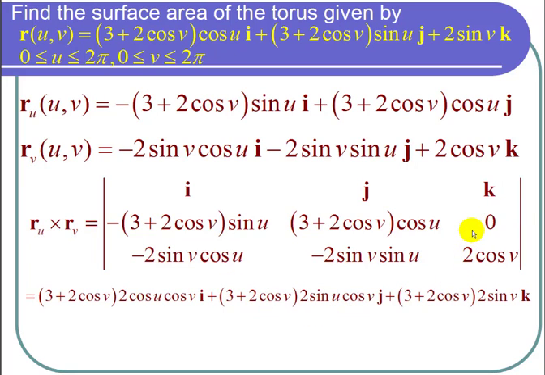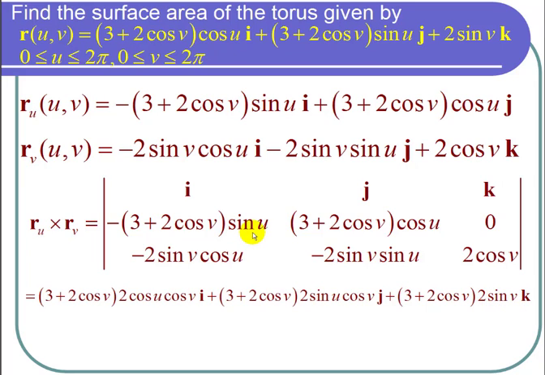And for the k component, I did some simplifying. I multiplied negative (3 plus 2 cosine of v) times sine of u by negative 2 sine of v times sine of u, and subtracted the (3 plus 2 cosine v) cosine u times negative 2 sine v times cosine u. And I simplified a bit, and what I got was the 3 plus 2 cosine v, that occurred in both, and then 2 sine of v.